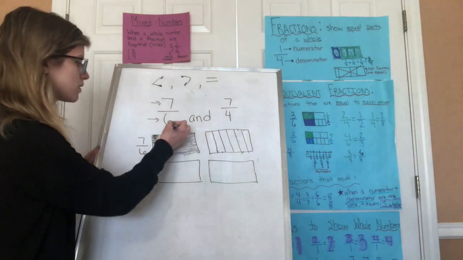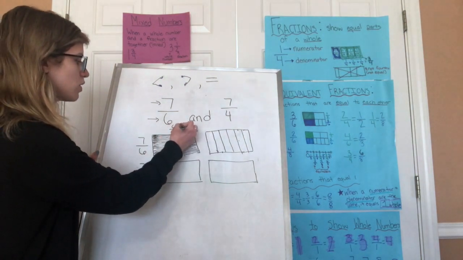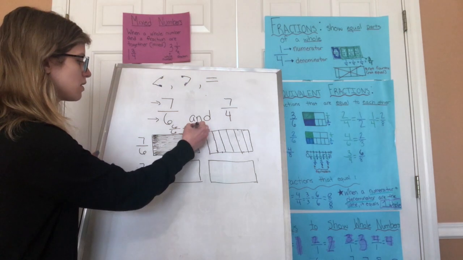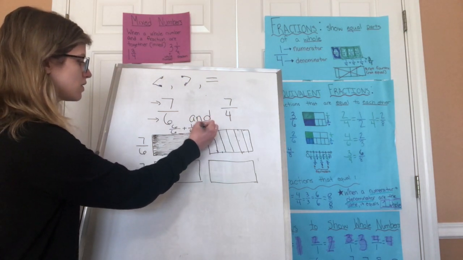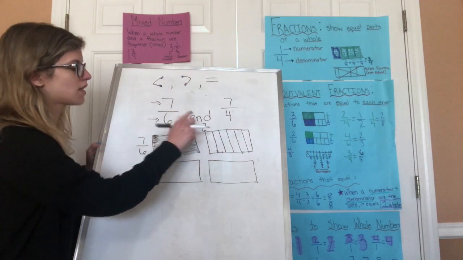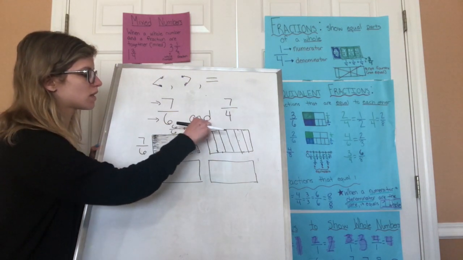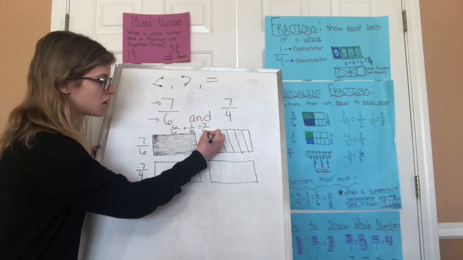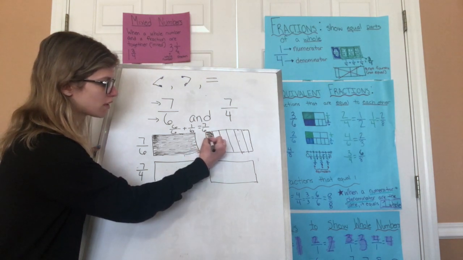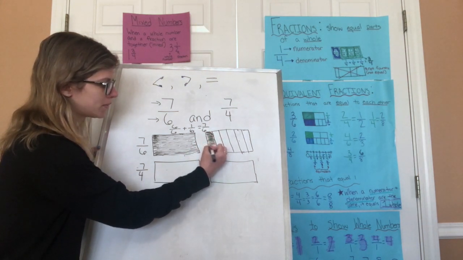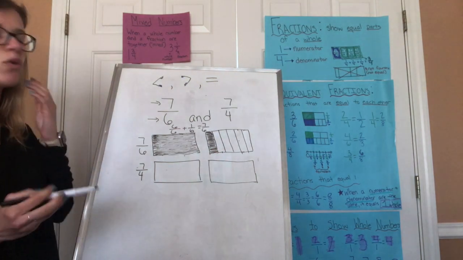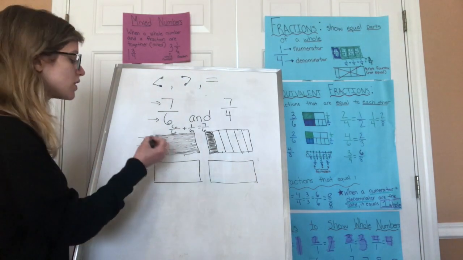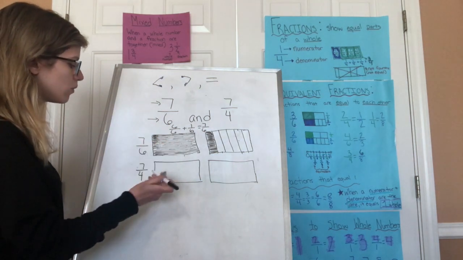So now I have 6/6, and I know I need to do 1 more sixth to equal 7/6. My denominator staying the same, but 6/6 plus 1/6 equals 7/6. So now I'm going to shade in 1/6. And I knew that I had to do 2 fraction bars because it was bigger than 1 whole.